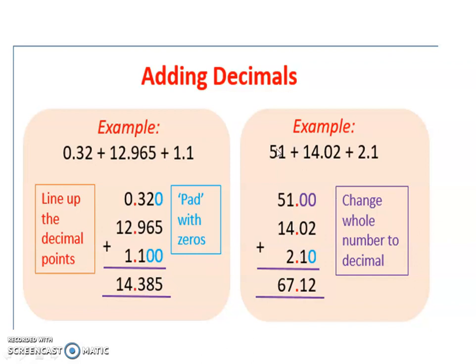Here also 51 is a whole number. Don't write it here. You can change the whole number to decimal. That is 51.00. This is important, children. You can write a whole number as 51.00. And then arrange the decimal point in one line and then add.